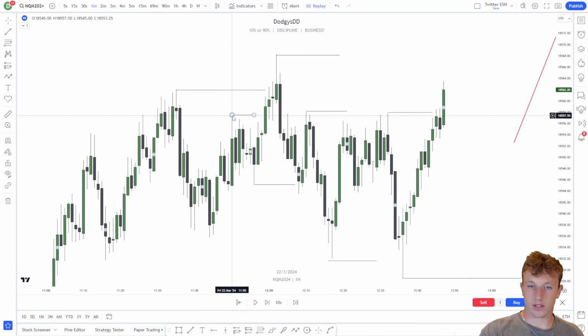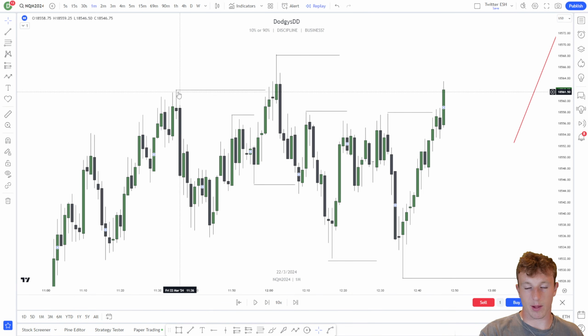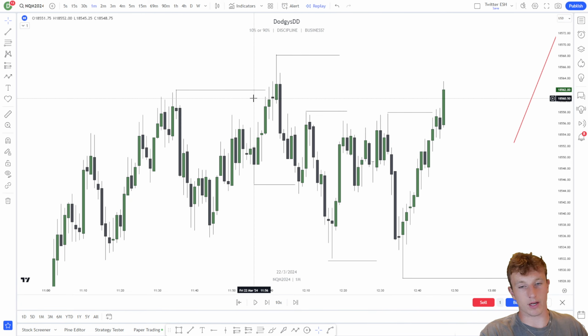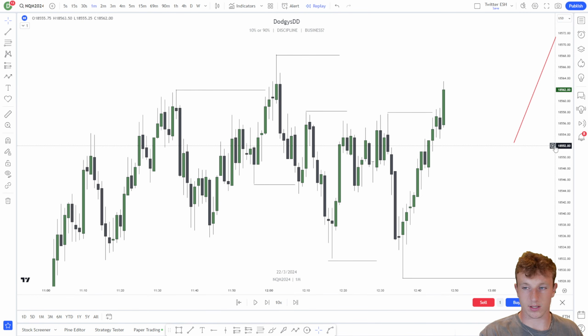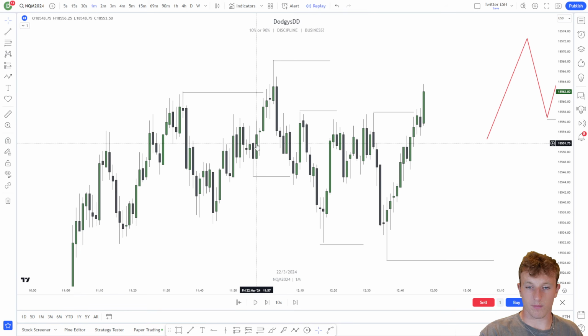That creates enough force to automatically go to this next high, because even more stop losses are there. So if we break this high, we should go to this high anyway, knowing how the market works. There are going to be buyers here because they get stopped out, and it's going to cause the market to go full force into this, because this is where more stop losses are, and that's what the market targets. So I'd probably only have this one drawn.